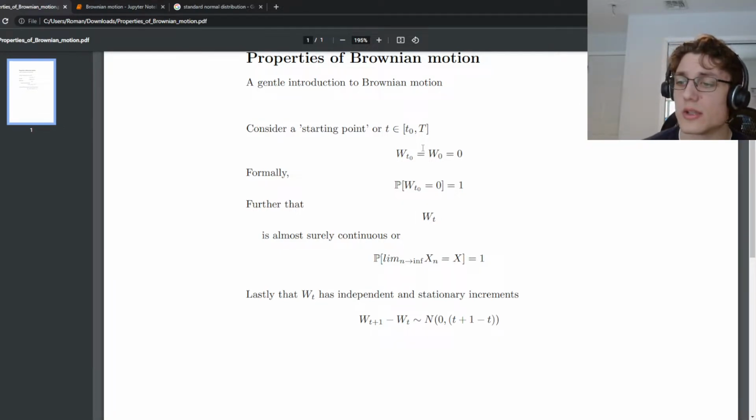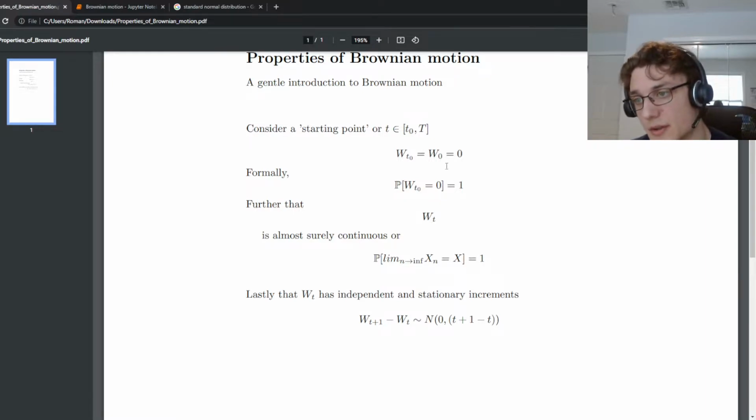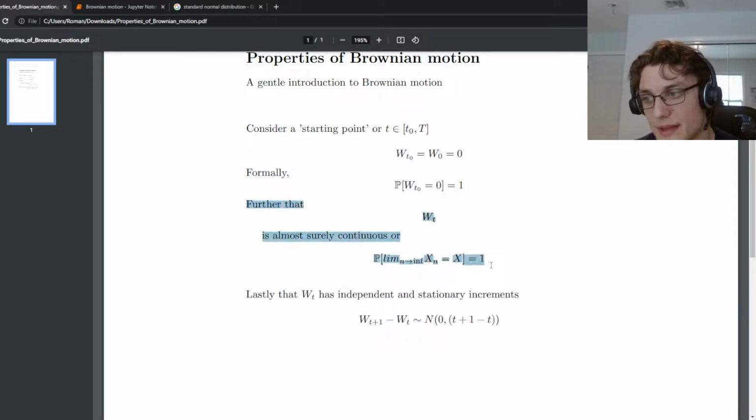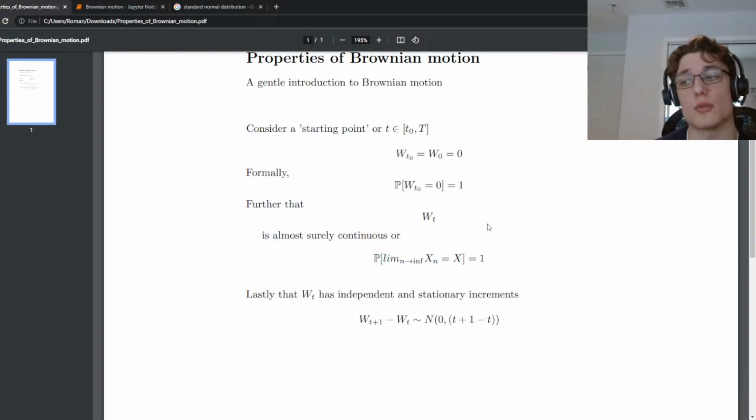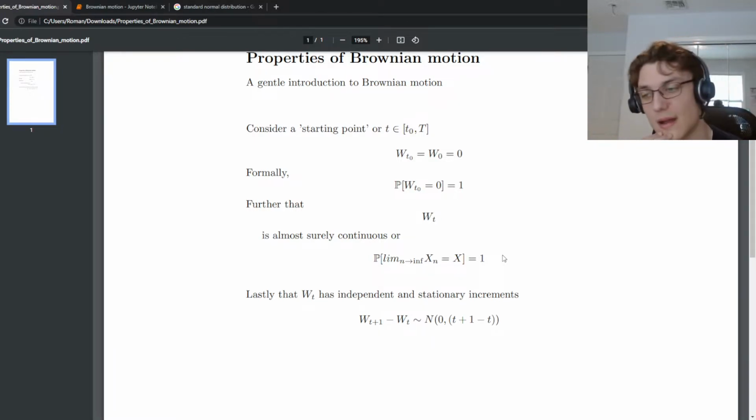Okay, great. So the next property, property number two, so this is property number one right here. And then property number two is going to be this. It's going to be that Brownian motion is almost surely continuous, or that the probability limit as n approaches infinity of the process, so Brownian motion, is equal to the Brownian motion, which is equal to 1. So again, this is built around the notion that the probability that something is equal to 1 is not the same as certainty in an outcome.